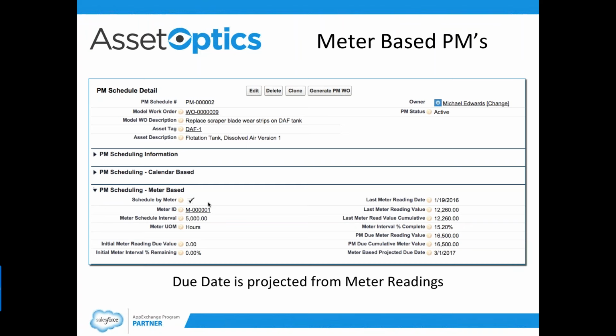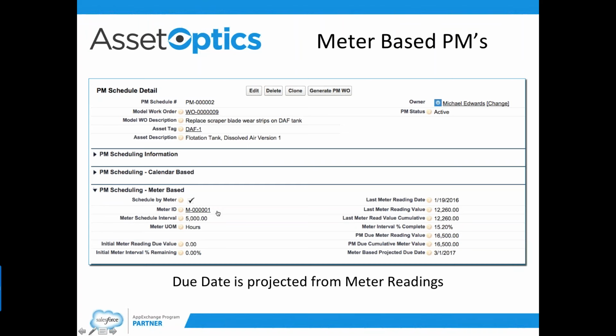If we took a look at a meter-based PM schedule, you link it to an asset, you select a meter, and when you go to select that, it only shows you meters that are tied to that asset. However, you can clear that filter, and you can choose a meter that's on any asset.